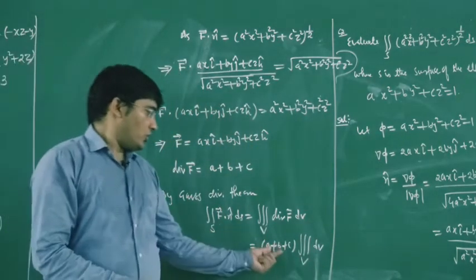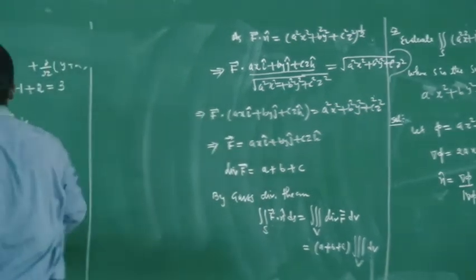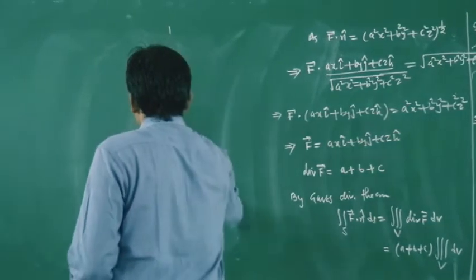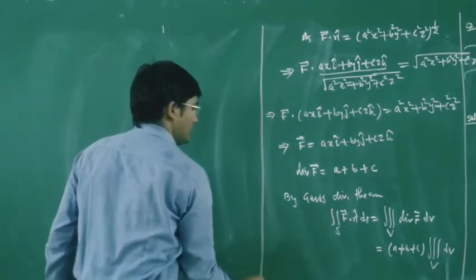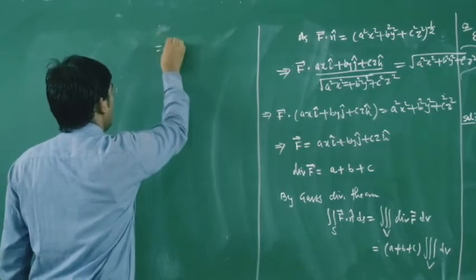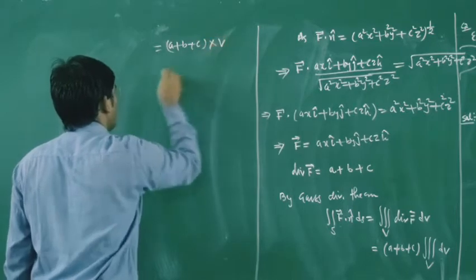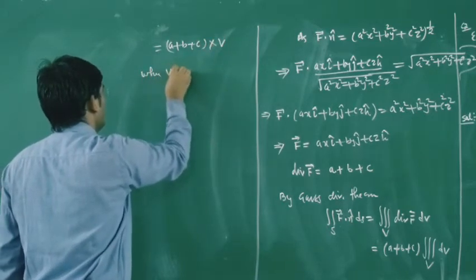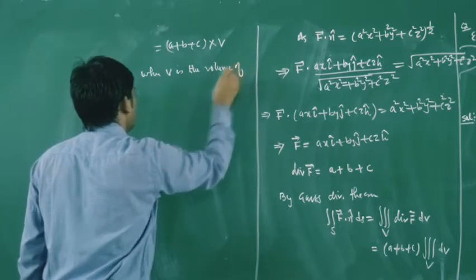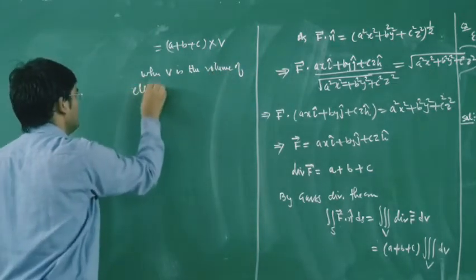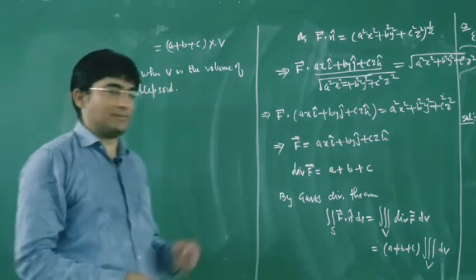So this surface integral is equal to a plus b plus c into V, where V is the volume of the ellipsoid.